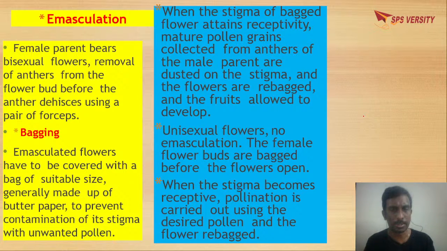During this process, they use some simple steps to carry out a smooth process of plant hybridization. One step they carry out is emasculation. So what is meant by emasculation? This is carried out only in bisexual flowers. This emasculation process is required only in bisexual flowers.